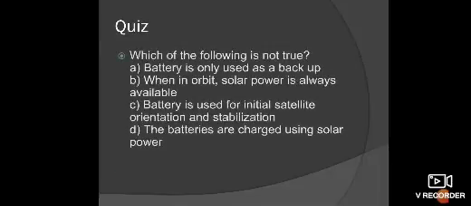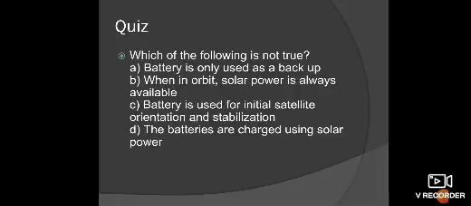The next one. Which of the following is not true? A: the battery is used only as a backup. B: when in orbit, solar power is always available.